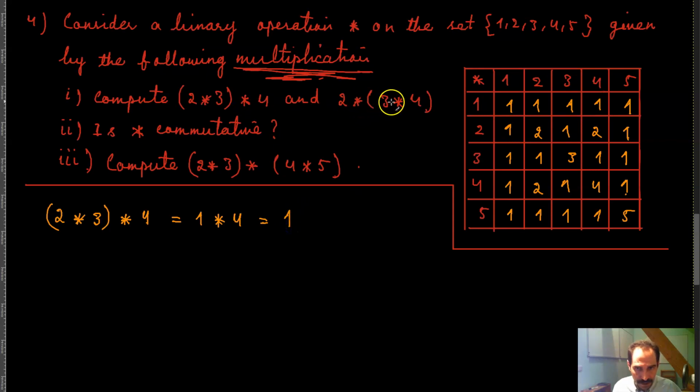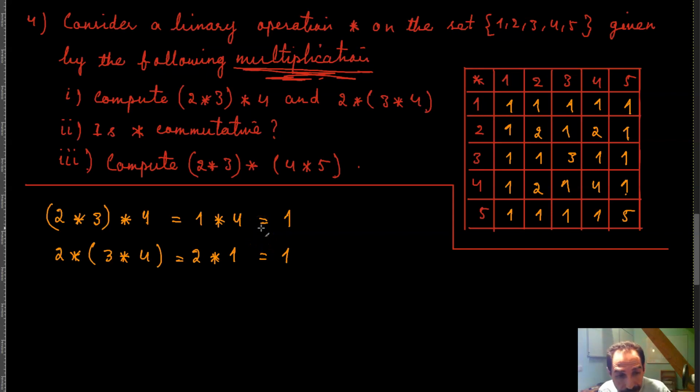And 2 star 3 star 4 is the same thing as 2 star (3 star 4). Now 3 star 4 is equal to 1. Now 2 star 1 is equal to 1. Right?